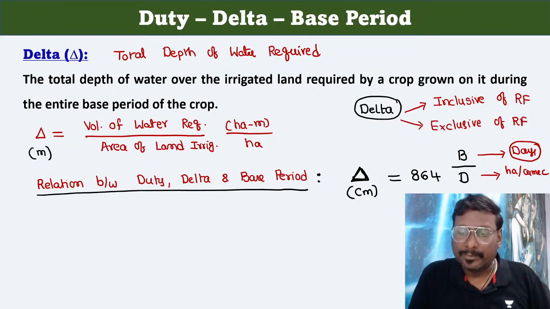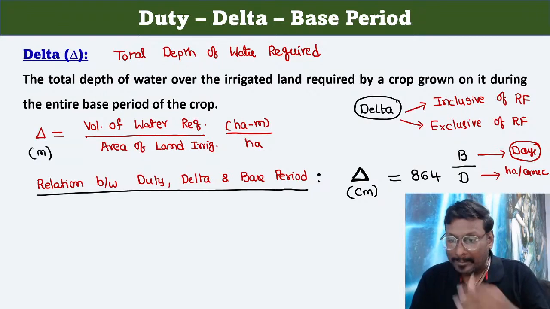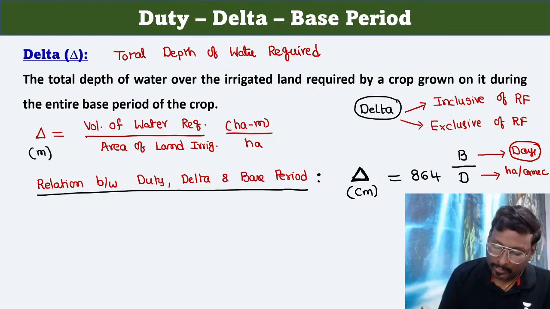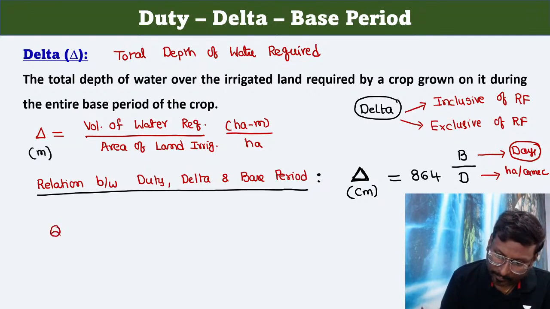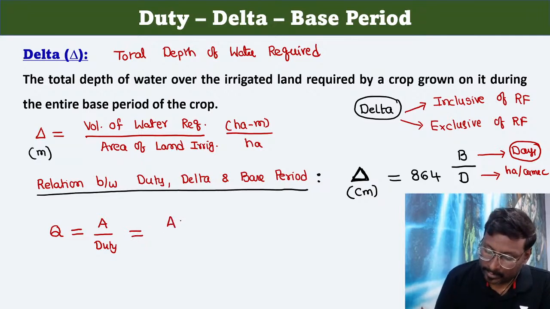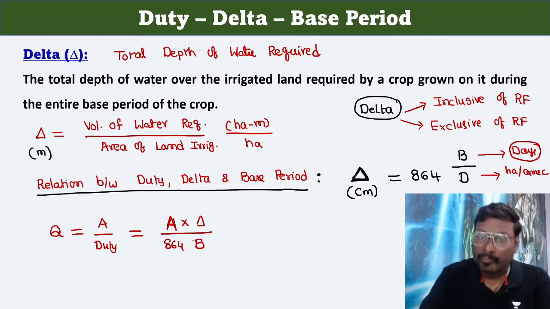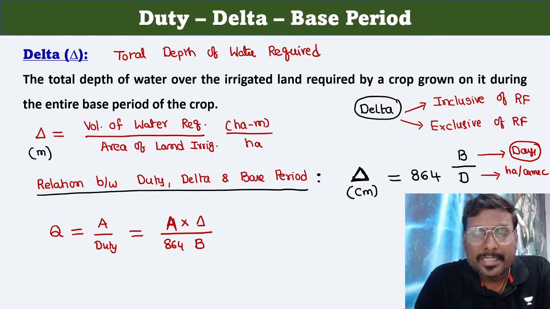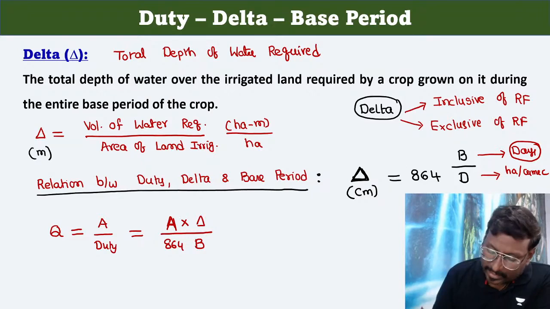Anything more? Please tell me. So remember this relation: Q is equal to area by duty. Q is equal to area into delta upon 864 B. You get the discharge value.